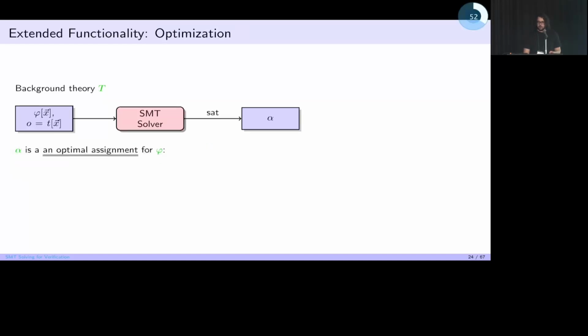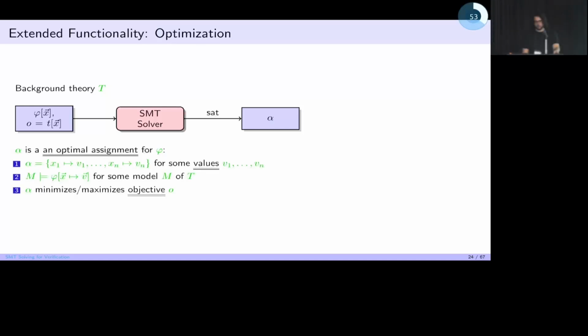Finally, you can also do optimization, which CVC5 is being extended at the moment to support natively, but other systems like MathSAT and Z3 have support for this. There are several frameworks in which you can also do it. The idea is that when you're doing optimization with an SMT solver, you not only want to find a satisfying assignment, but you want to optimize some objective, right? So you have some metric about this satisfying assignment that you want to guarantee your satisfying assignment preserves.